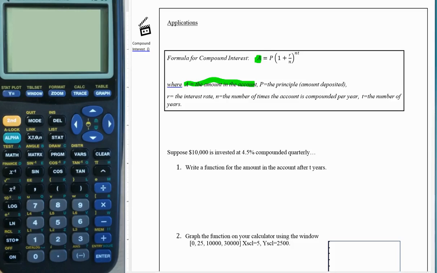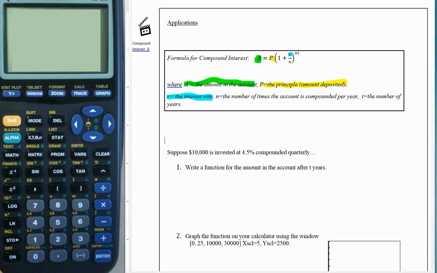P is what's called the principal, and that's how much you start with. The amount that you either deposited in the account, or it might be your credit card balance, whatever you're starting with. R here is going to be your interest rate. R is going to be the interest rate, and we'll want to put that in as a decimal.